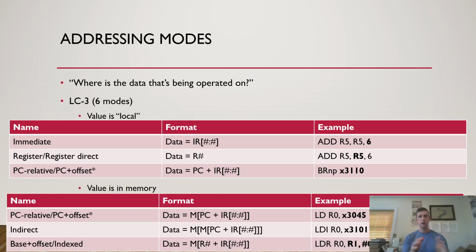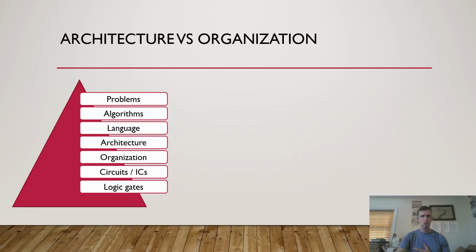So these are not the only 6. There are lots more, and unfortunately there's not a standardized way of naming these. That's why some of these have a slash with two names: PC relative and PC plus offset are two different names for what we're going to treat as the same thing.